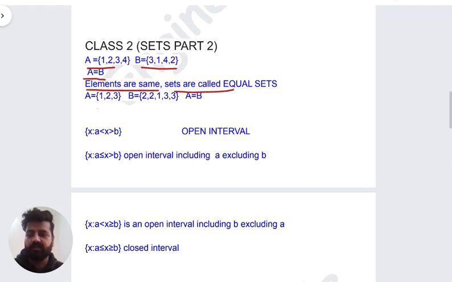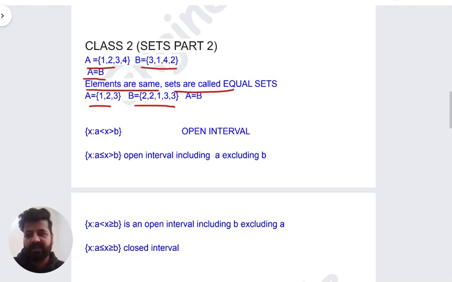Now come to the second example. The elements of set A are 1, 2, 3, and the elements of set B are 2, 2, 1, 3, 3. There is a repetition of elements. My dear, if there is a repetition of elements, we will count it once. I wrote 2 two times, but it doesn't matter.